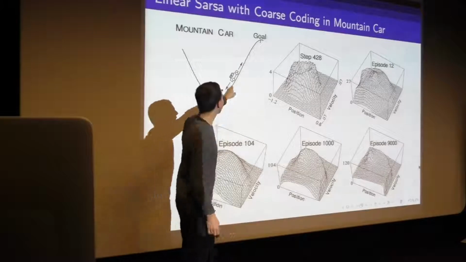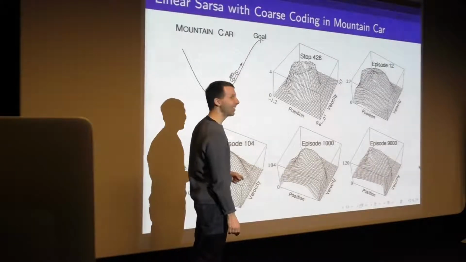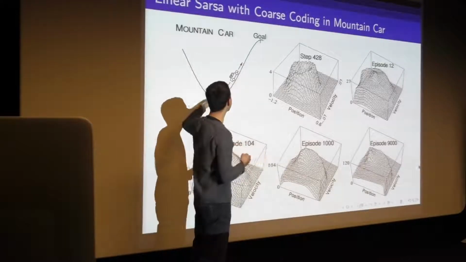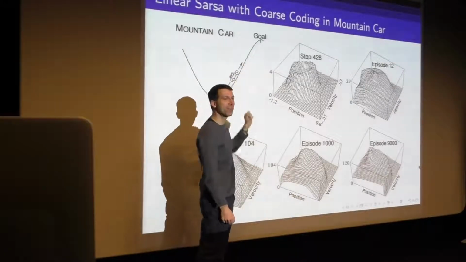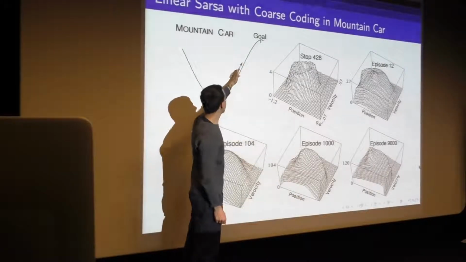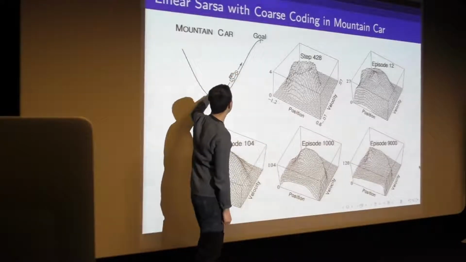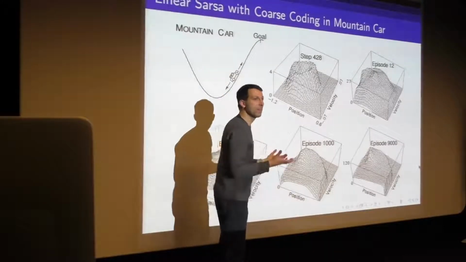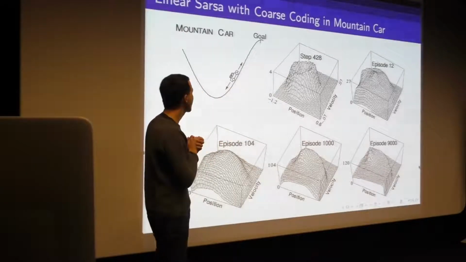The idea is you've got this car here, it's stuck in this dip, and you can see it's kind of steep here, so how are you going to get out of this dip? The assumption is that your car isn't powerful enough to just drive straight to its goal here. So what it has to do is just let go and roll backwards, drive forwards, roll backwards, drive forwards again, and build up enough momentum to actually reach the goal there.